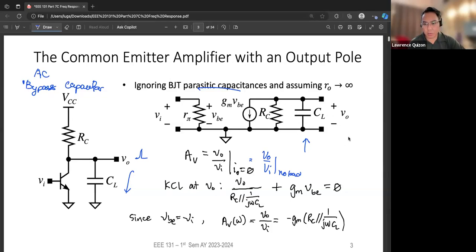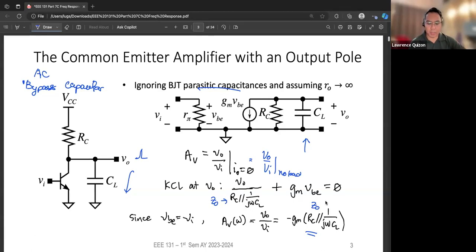Basically, that's V out over Z out plus the current in this dependent source, which is gm V_BE. Rearranging the equation, we simply get that A_V is equal to negative gm Z out.